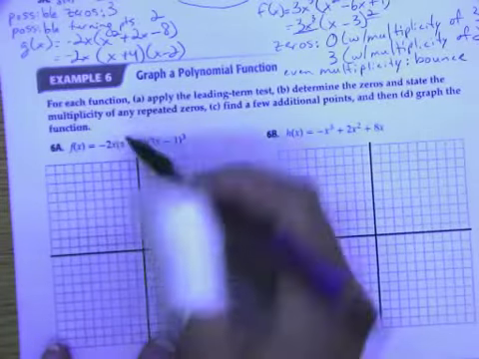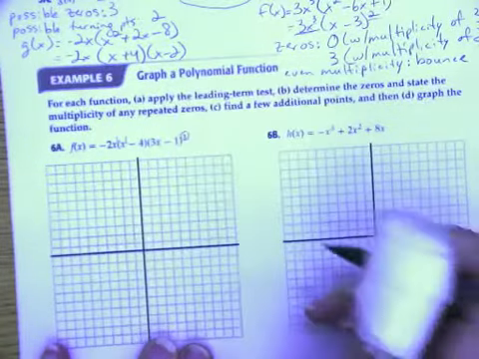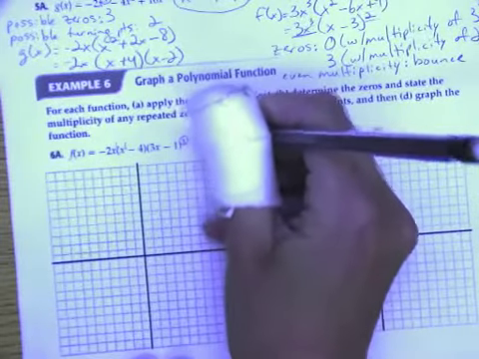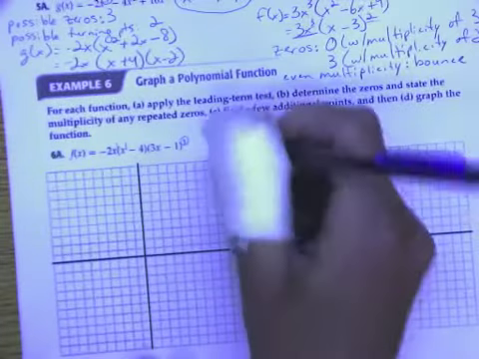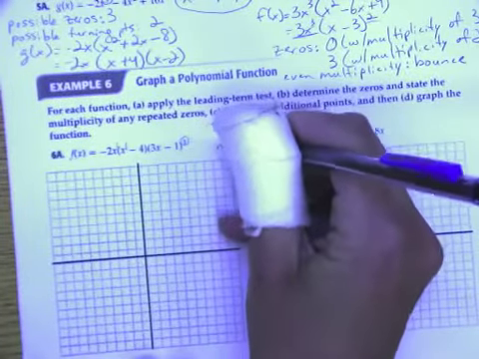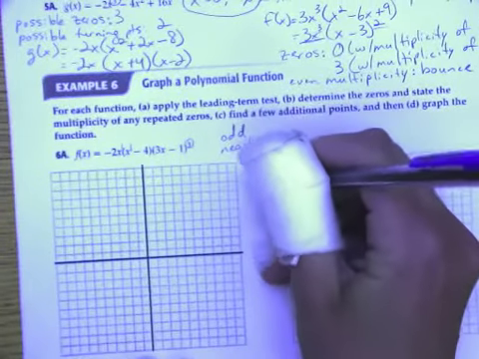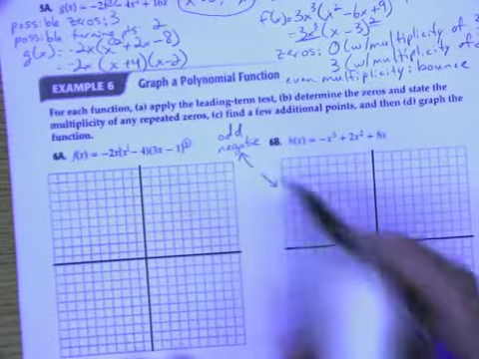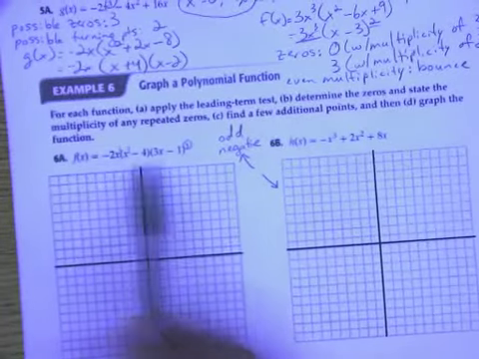So since this has a degree of 1, 2, 3, 4, 5. My leading exponent is odd. And my leading coefficient, notice, is negative. So that means my graph is doing this. Now, we'll figure out what's happening in the middle there, but as far as our end behavior goes, that's what's important to us.